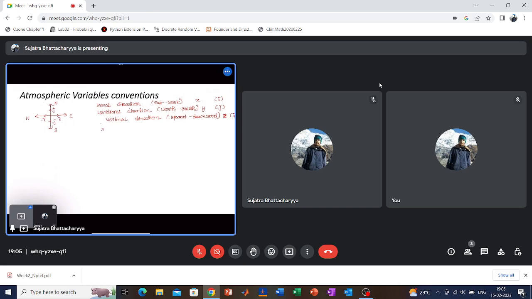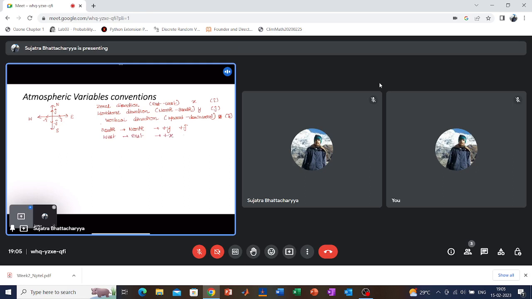South to north is your positive y or plus j cap. North to south will be negative y and negative j cap. Similarly, west to east is plus x or plus i cap, and then east to west will be minus i cap. Now this is for the horizontal.